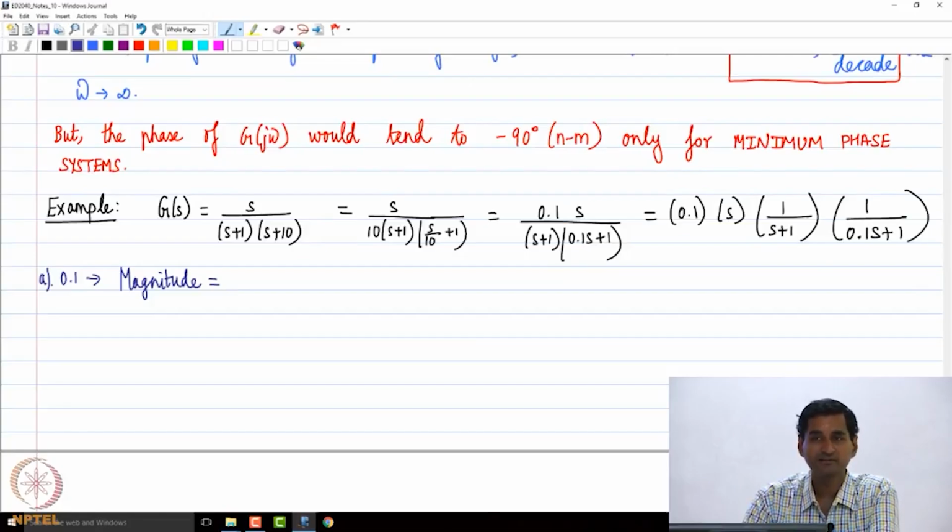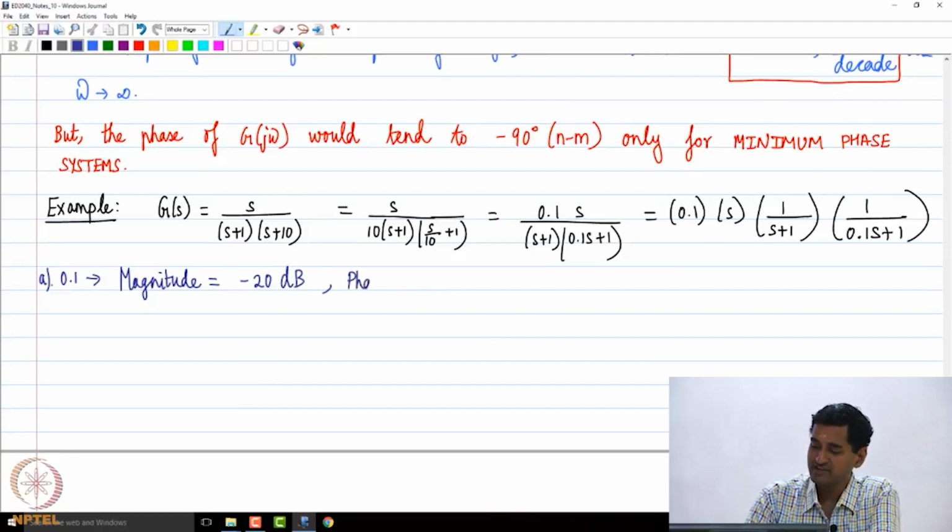What is log of 0.1 to the base 10? Minus 1, right. So, essentially I am going to get the magnitude as minus 20 decibels, right. So, that is going to be constant. What about its phase? 0, right. Anyway, it is on the positive real axis. Okay. So, that is what I will have.